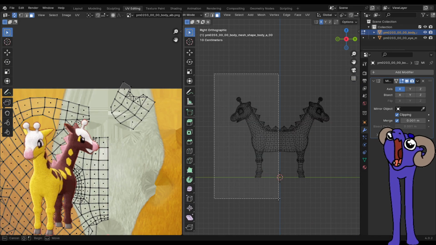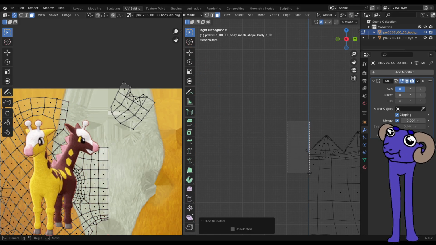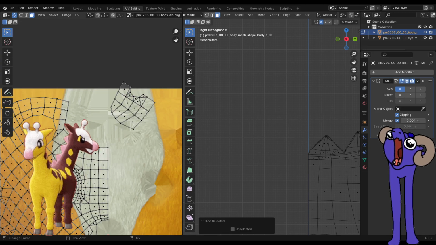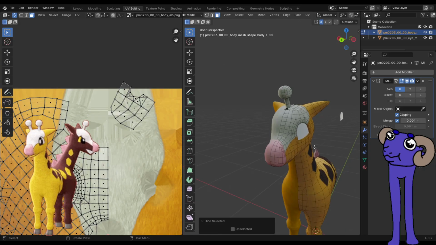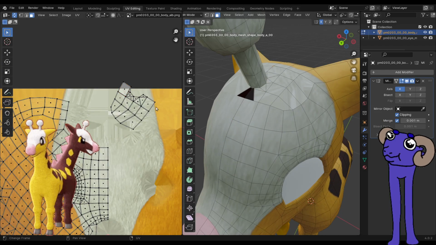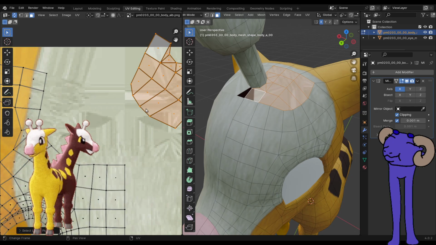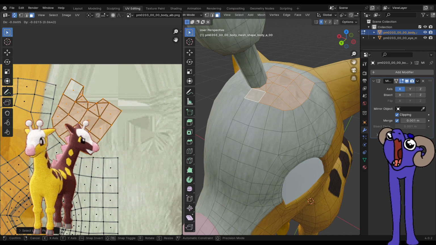The one over here. We're going to just hide this one, so it isn't visible on there. And should then be able to just start joining these.